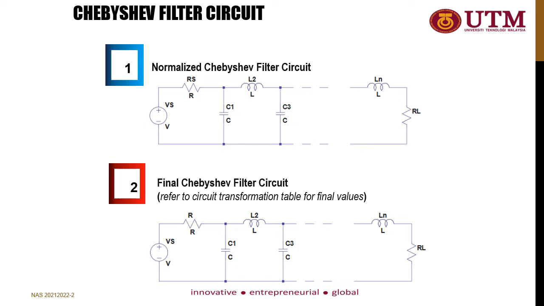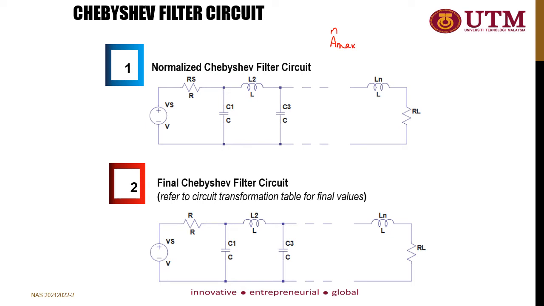You need to start with C, the capacitor, followed by the inductor, and then continue again with capacitor, inductor, and so on. The number of C and L combinations depends on your N, the filter order number, and also the Amax values.